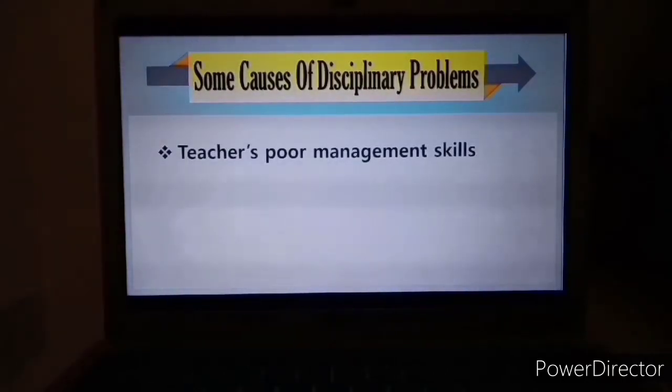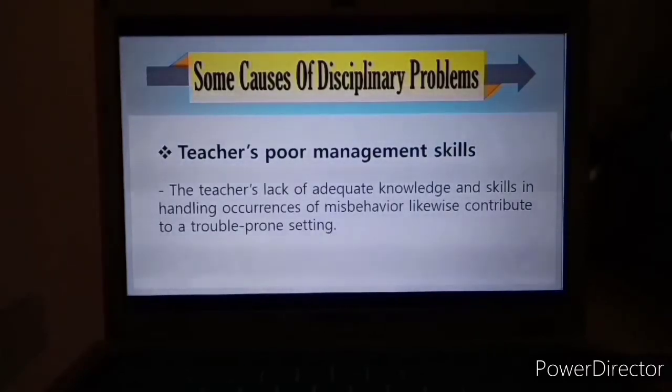Second is teachers' poor management skills. The teacher's lack of adequate knowledge and skills in handling occurrences of misbehavior likewise contribute to a trouble-prone setting. As a teacher, you spend several hours a day in a classroom with possibly hundreds of students.